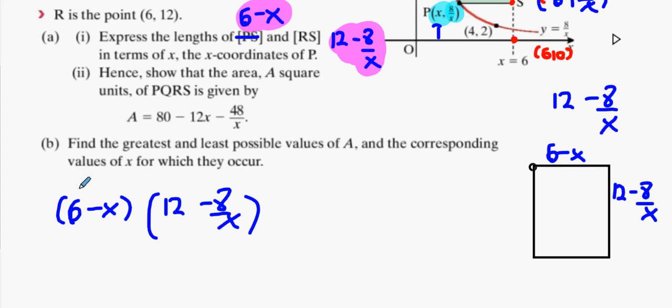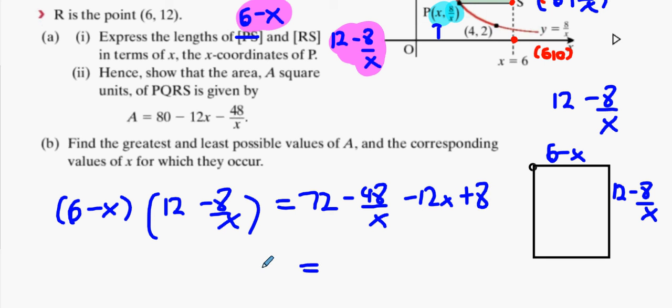You're going to multiply all of them by each other. You're going to get 72. You're going to get minus 48 over x. You're going to get minus 12x. Then x times minus 8 over x gives plus 8. And then your area is going to be 80 minus 12x minus 48 over x.